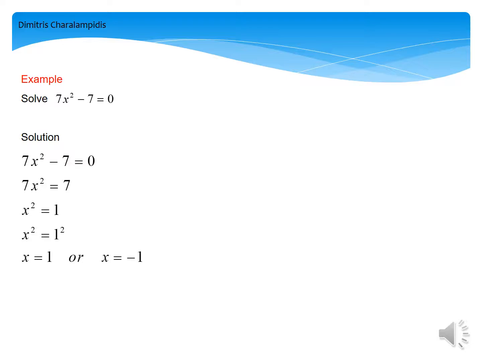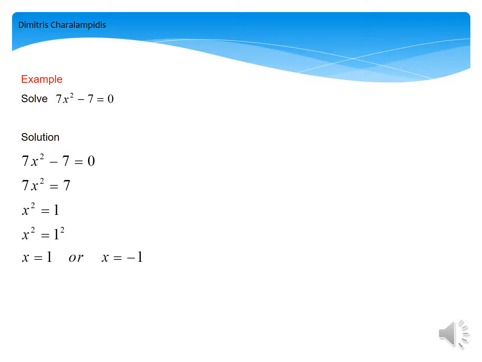First example, solve 7x squared minus 7 equals 0. Since this method implies that we have to rewrite the given equation to look like something squared equals something else squared, and since here we do have something squared, x squared, we will try first to solve for it.